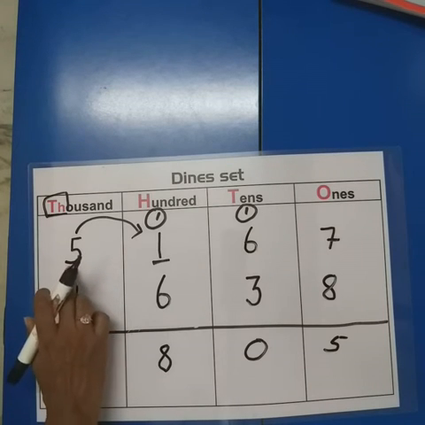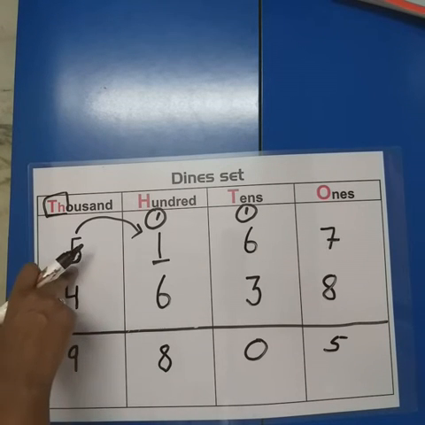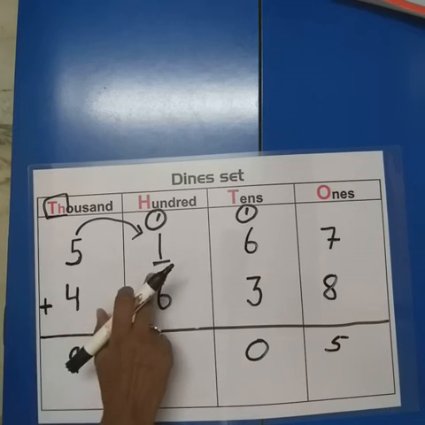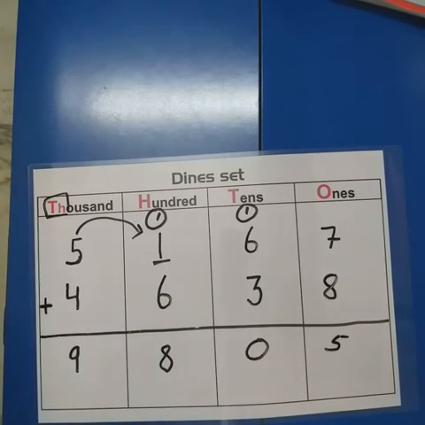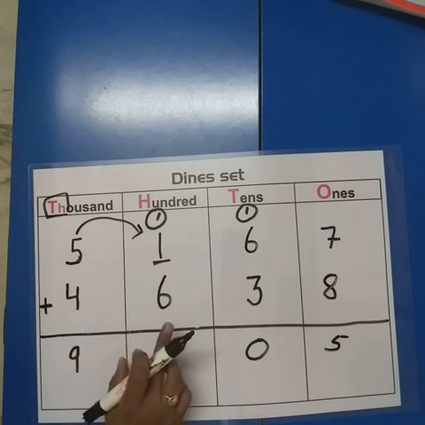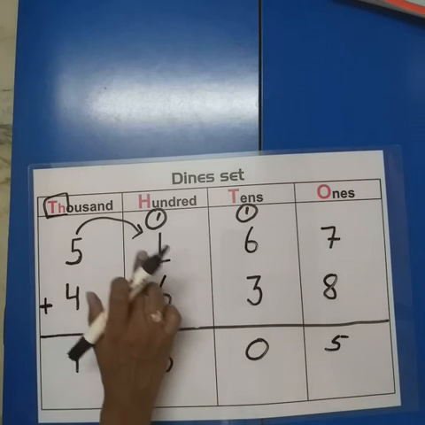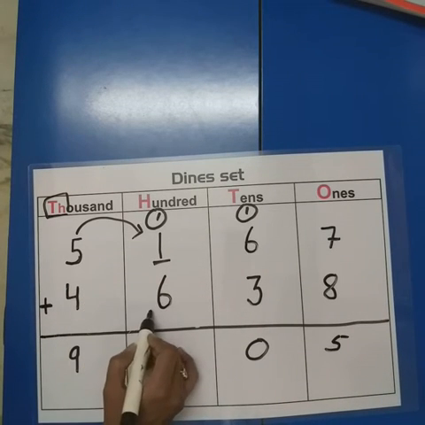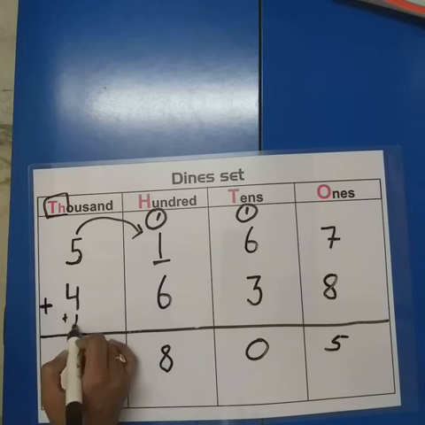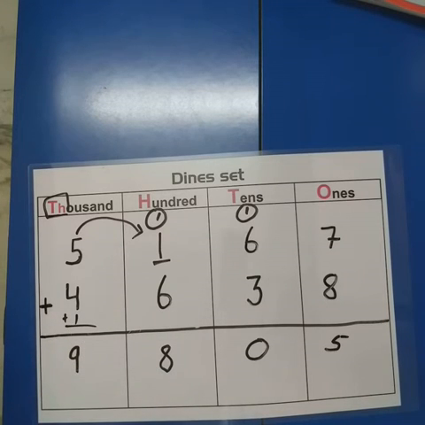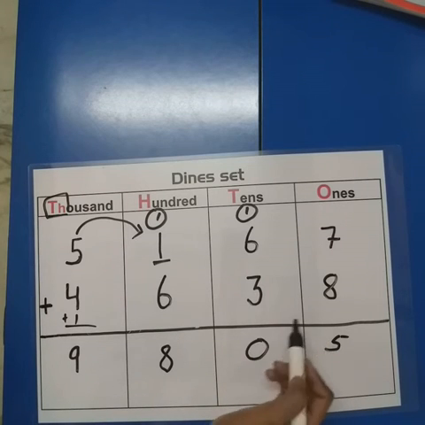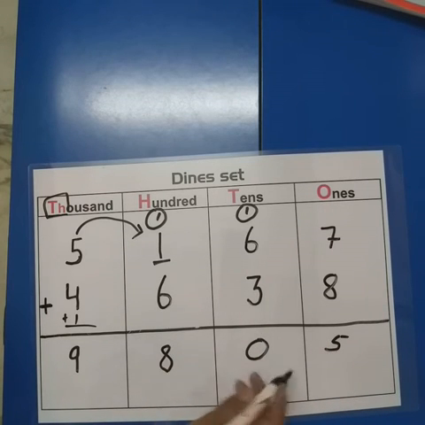That means 5 will stay as it is, and the remaining places will become 0, 0. The second rule is, if we have a hundreds place digit equal to 5 or more than 5, then we will add 1 in the thousands place, and at the remaining places we will put 0, 0 and 0.